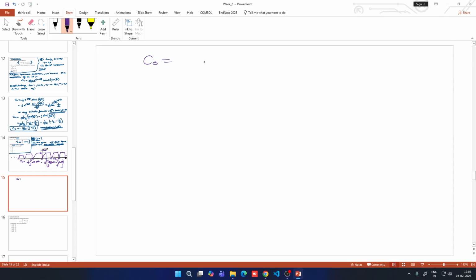It will be 1 by T, and when we solve the integral A t by tau dt, we will get A t square by 2 tau, between the limits 0 to tau, plus the second integral which is A dt, so A t, between the limits tau to capital T, which is the time period.